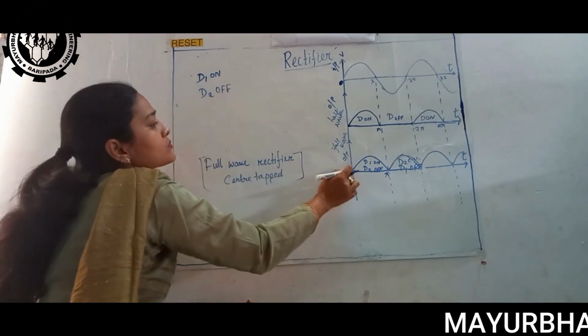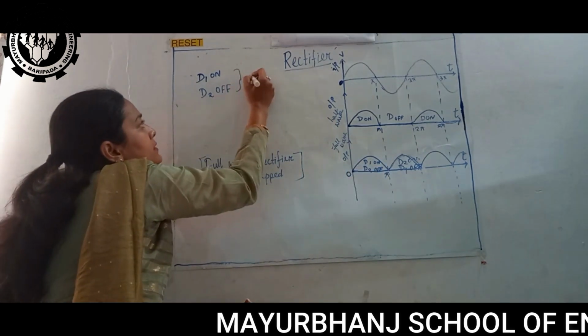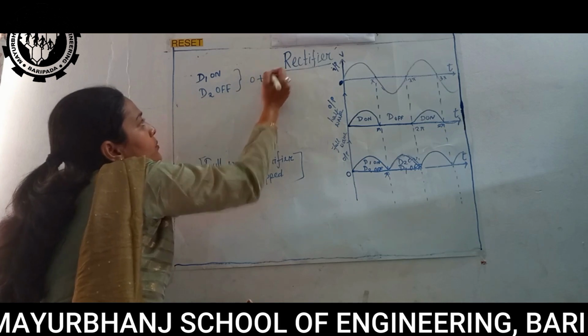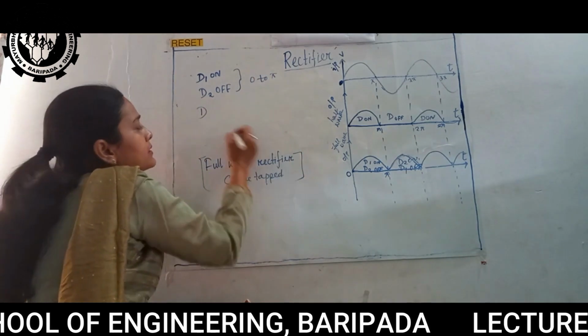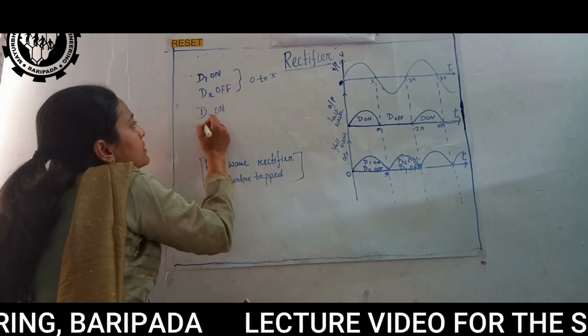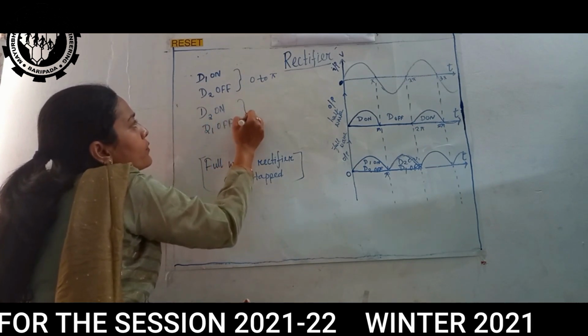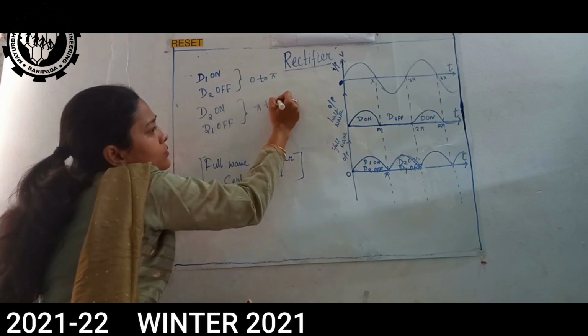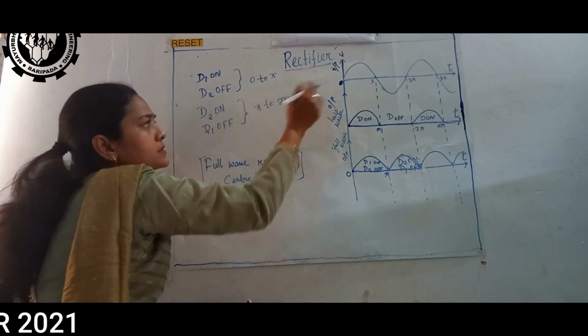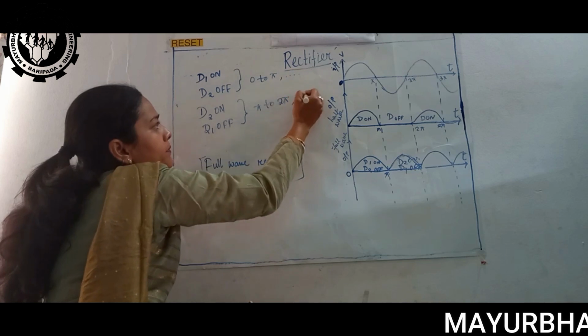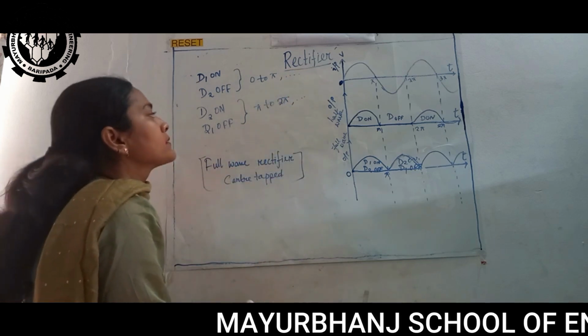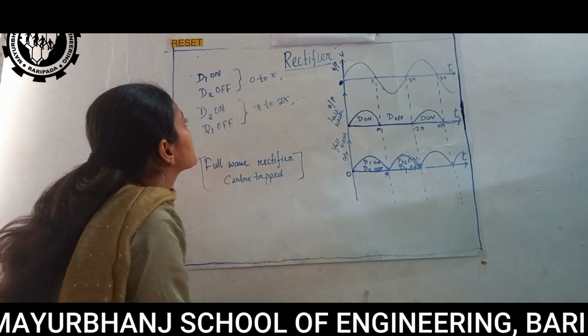From 0 to pi. D2 on, D1 off from pi to 2 pi. Likewise it goes on. You can note it down.